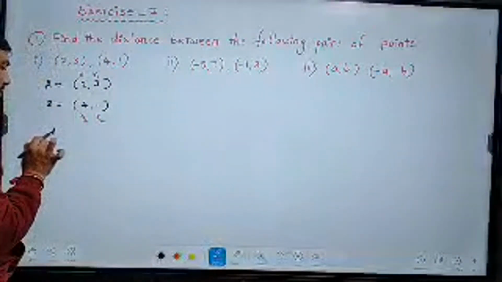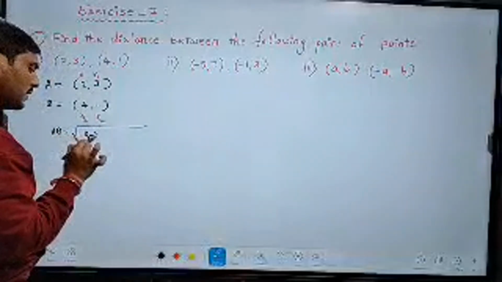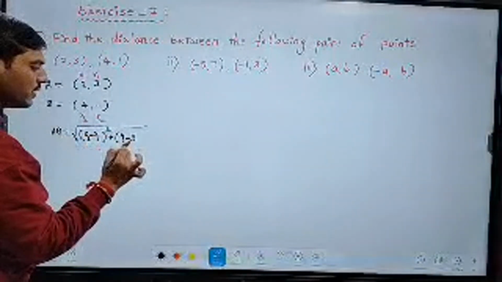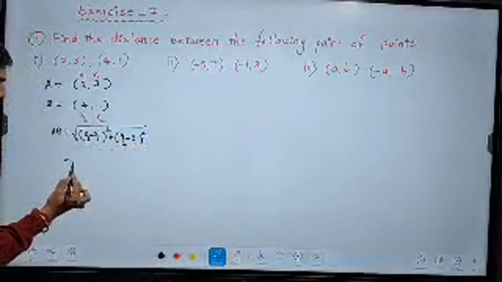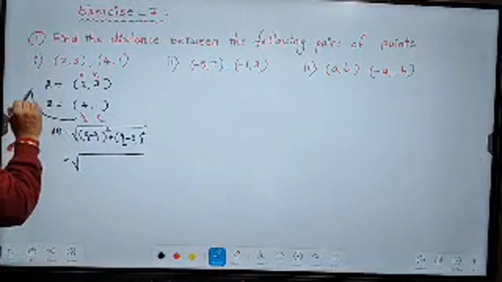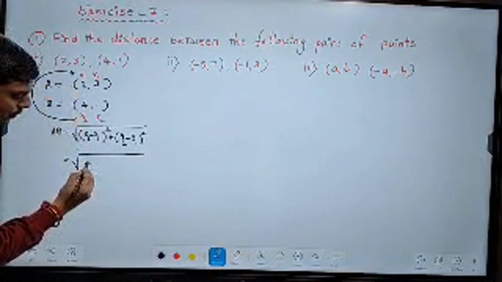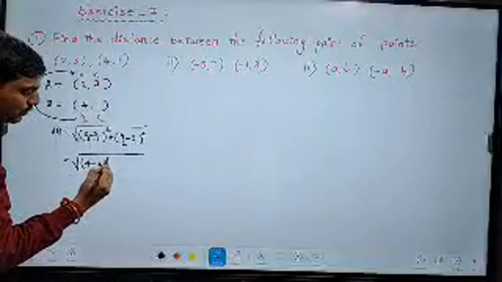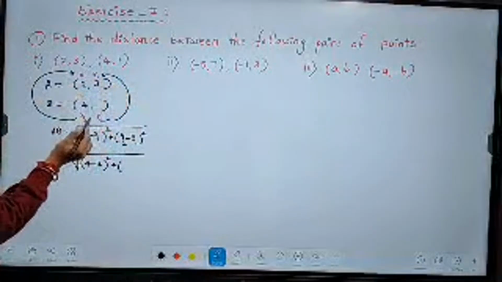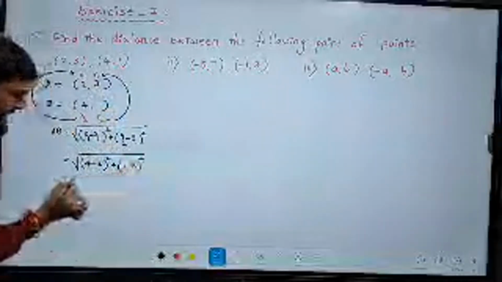Then the AB distance. The distance formula, you know, is under root of (x2 minus x1) whole square plus (y2 minus y1) whole square. The difference of x terms: x2 minus x1, 4 minus 2, whole square, plus the difference of y terms: y2 and y1, 1 minus 3, whole square.